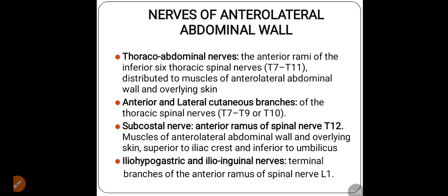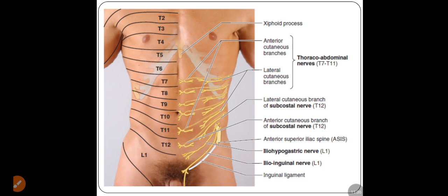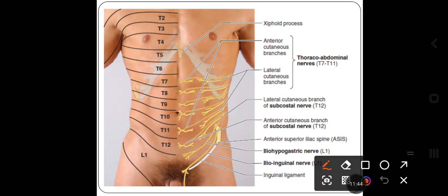How do they supply the skin? They give rise to the anterior and lateral cutaneous branches. As you see here, the thoracoabdominal nerves from T7 to T11 give the anterior and lateral branches, which supply the skin.